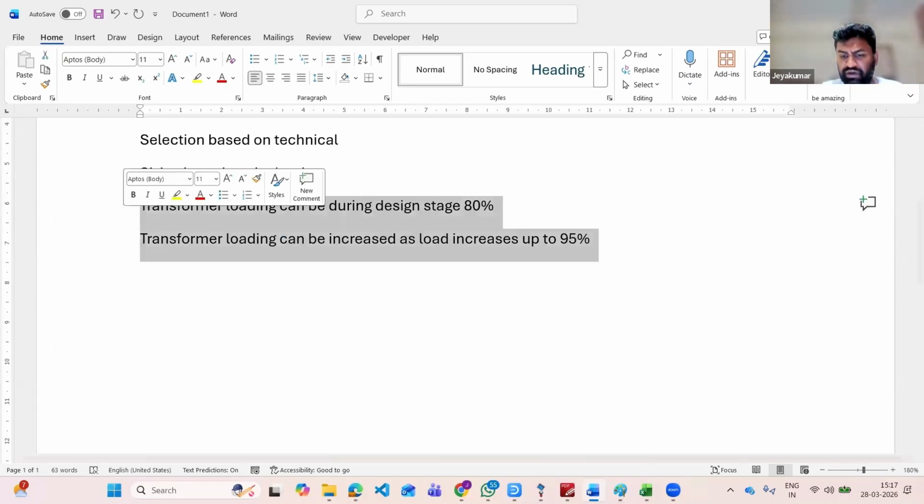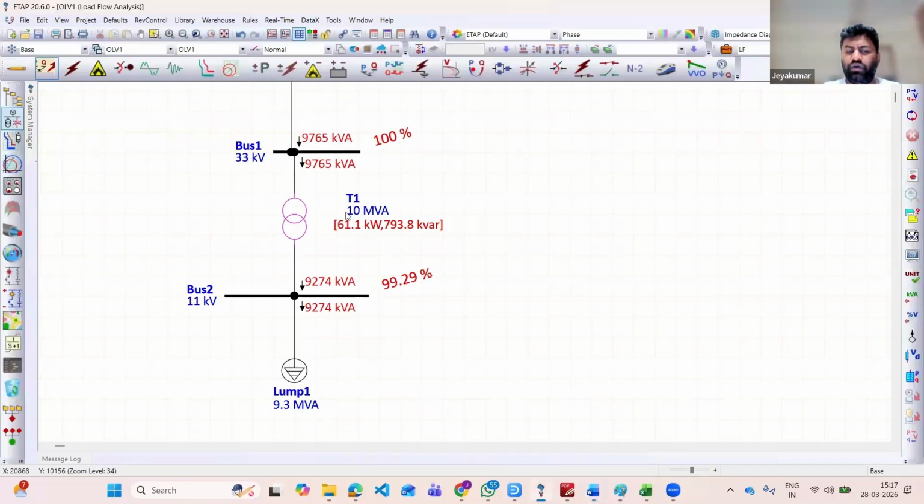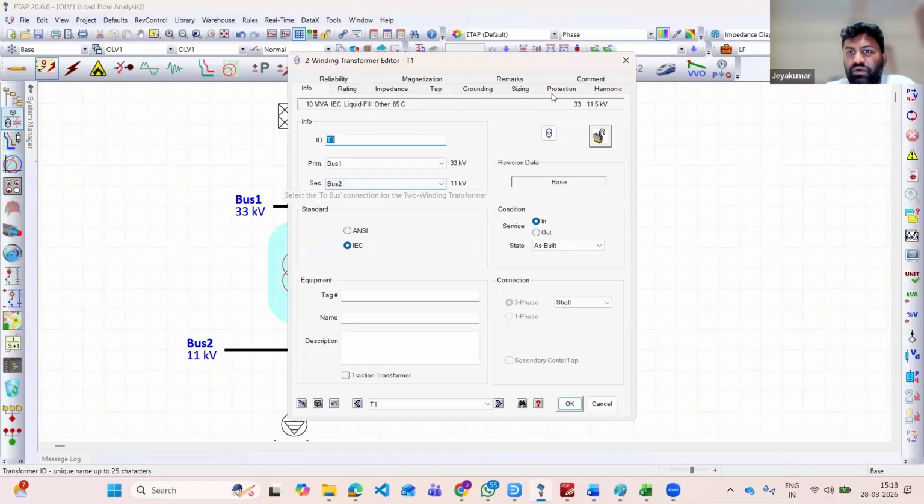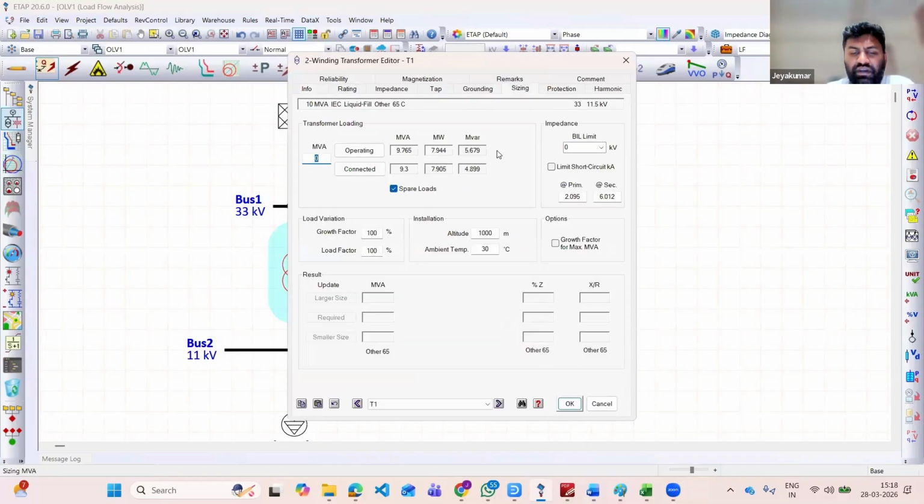Right, so next we'll go. You understand, right, how the sizing has to be done. You see here, if you go here, these people have one module called sizing. One second. You see, based on your operating load, it will suggest something, a value will be suggested here.